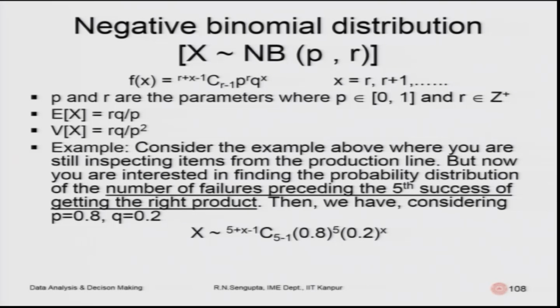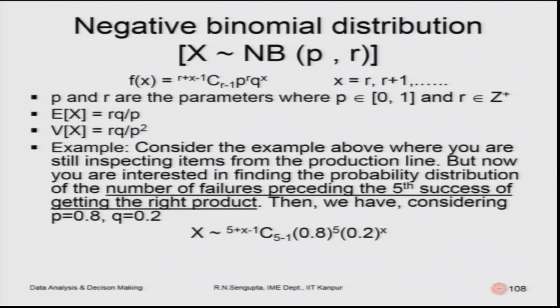And for p, mark it here, the suffix is r, which is a fixed value, while for q it is x, and the x values are r, r plus 1, r plus 2, till infinity. So, p and r are the parameters. p is obviously between 0 and 1, and correspondingly q would also be between 0 and 1 because p plus q is 1, and the r values would be integer values like 1, 2, 3, 4, till infinity.